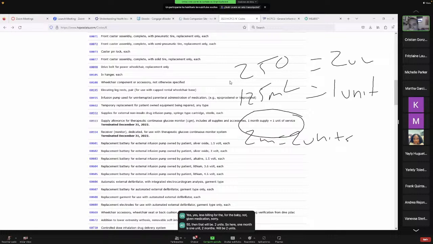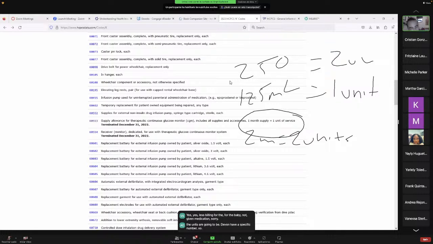Okay. Even though here it says it's terminated, that we don't use it anymore, it's an example of one that has units. That doesn't mean that we're gonna charge more or less or whatever. It depends what it is. Okay, and the units are going to have a specific number.